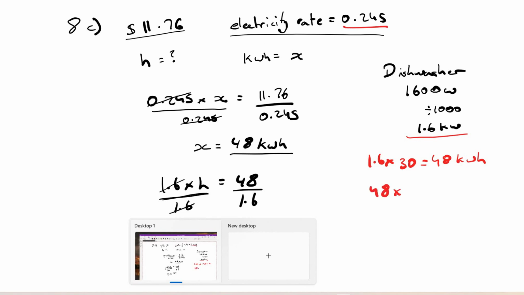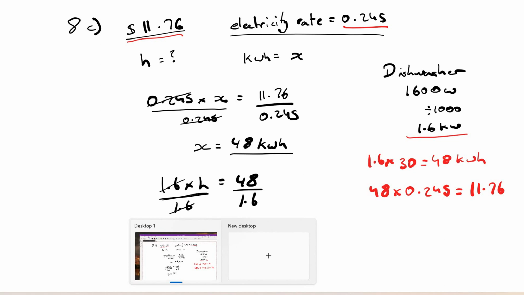So 48 times by 0.245 is equal to 11.76, which is what we started with.